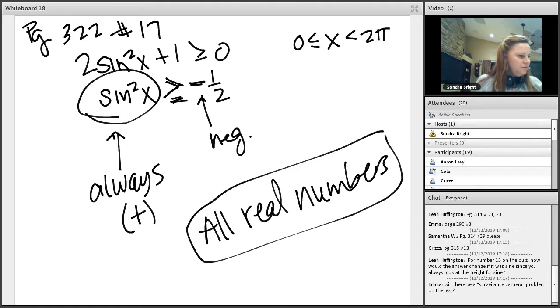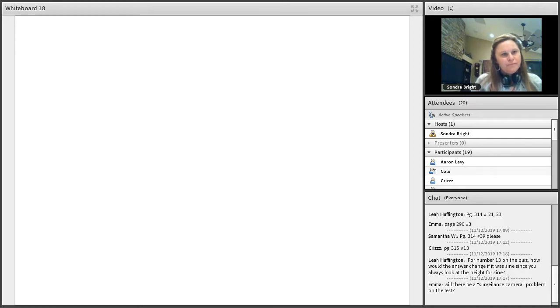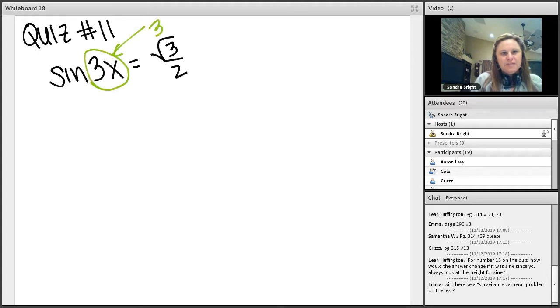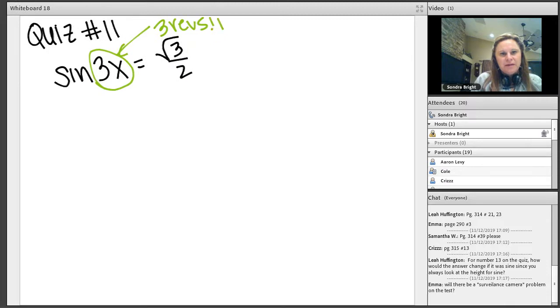Number 11 from the quiz. All right, I've got sine of 3x is equal to rad 3 over 2. The 3x tells you you must go around the circle 3 times to pick up answers.